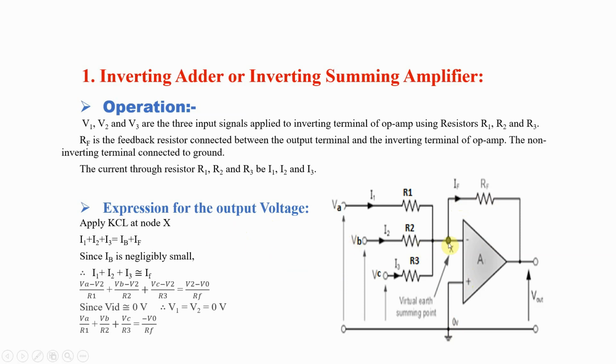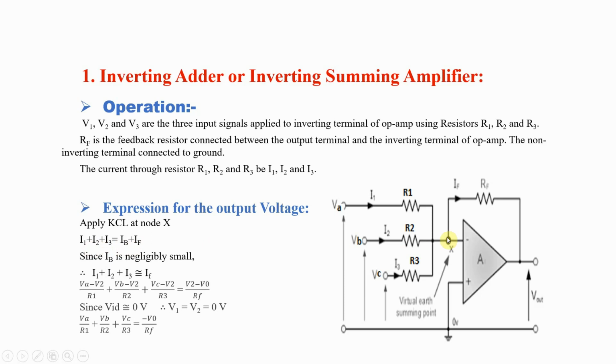Apply the KCL, Kirchhoff's current law, at the node voltage X. Kirchhoff's current law says the input current is equal to the output current. Therefore, the equation is I1 plus I2 plus I3 is equal to IB plus IF.